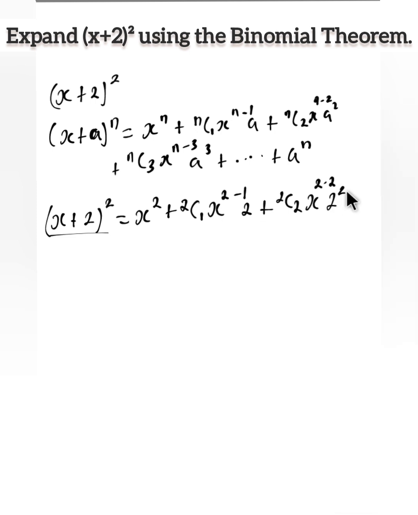We must take note of something, that we need to know when to stop. Although we have a continuation series here, knowing when to stop is very important. So when do we stop? We stop at the point where x is raised to the power of 0.